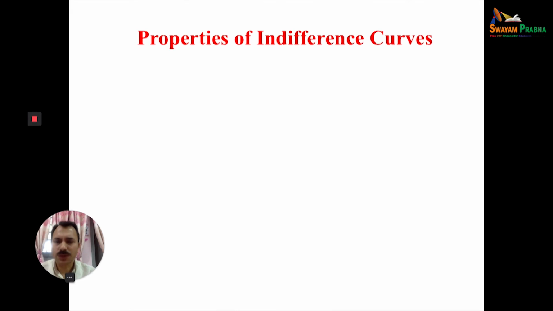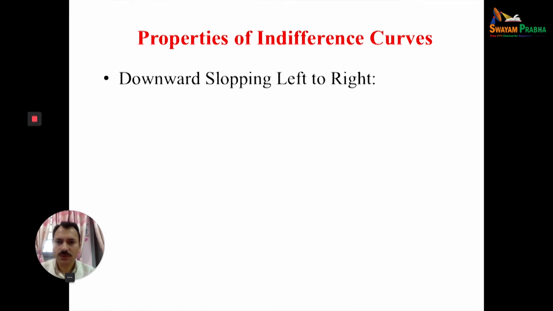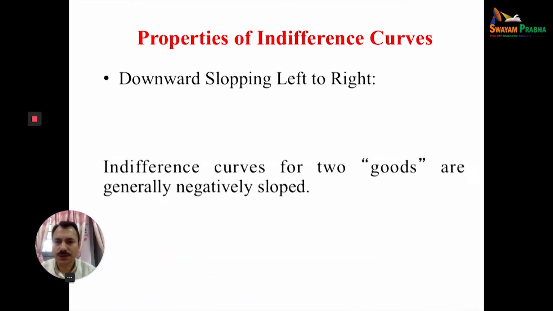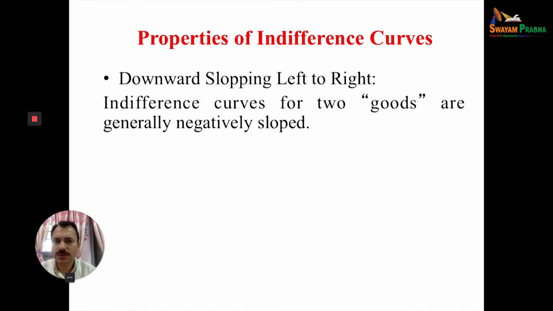Now, what are the properties of the indifference curve, which are very important? The first property is that it is downward sloping from left to right. Indifference curves for two goods are generally negatively sloped.